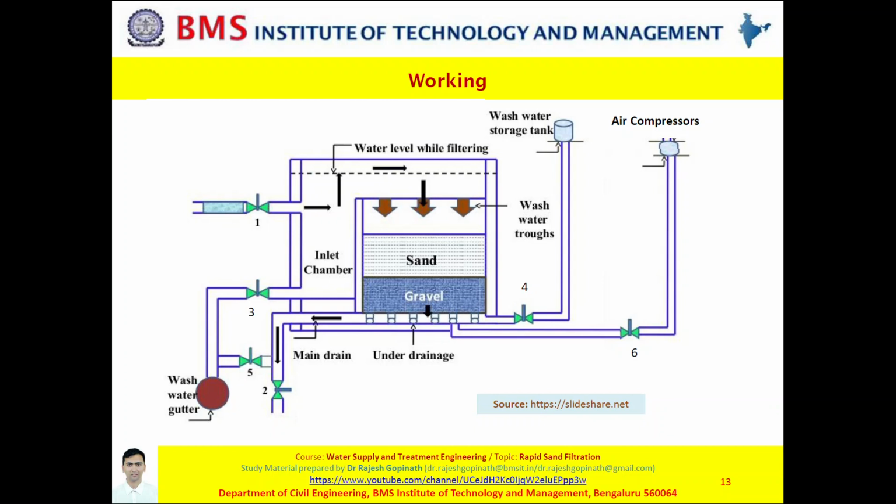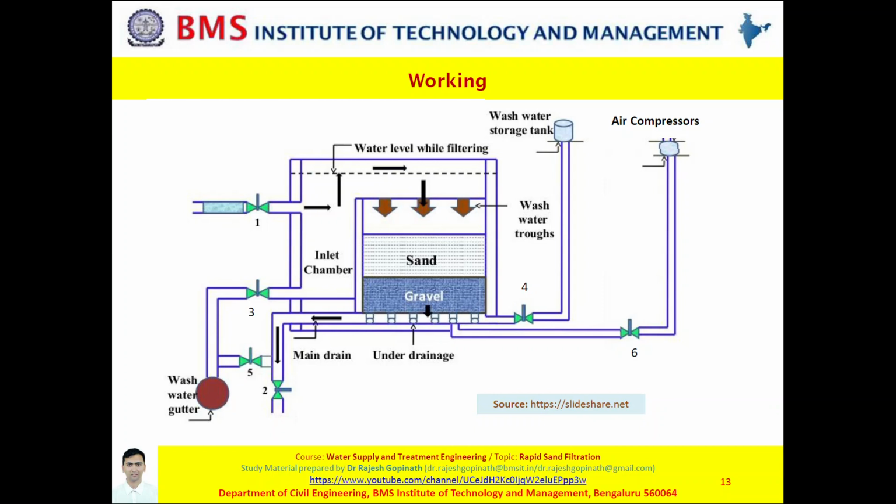Valve number 1, it is the inlet valve which permits water from the coagulation unit to enter the filter. Valve number 2, it is that which permits the filtered water to be decanted to the next treatment, which could very well be disinfection.